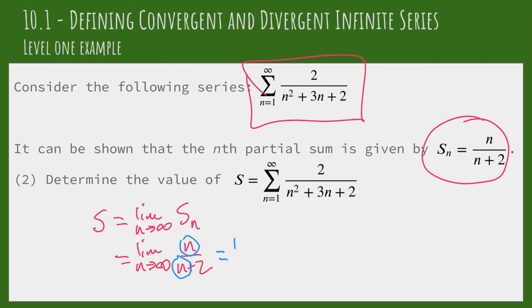So this is going to behave like the limit as n approaches infinity of n over n, which is just 1. So as we add more and more terms together, we're going to get a sum that's getting closer and closer to 1. I do want to emphasize here, it's never actually going to equal 1. We can never actually add infinitely many terms together, but the sum is going to get really, really close to 1.